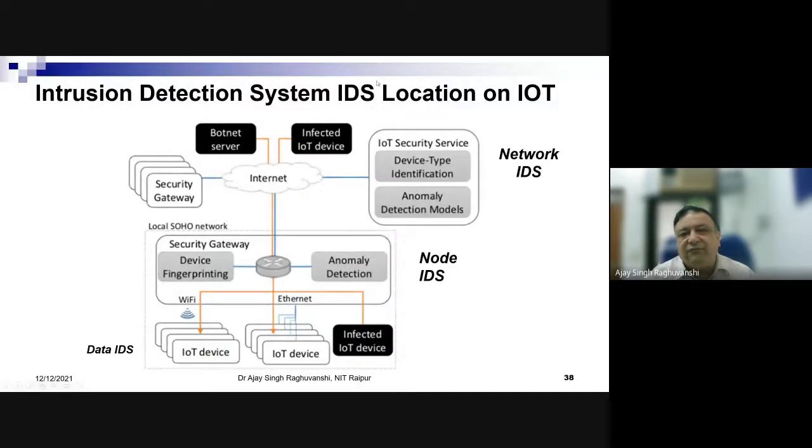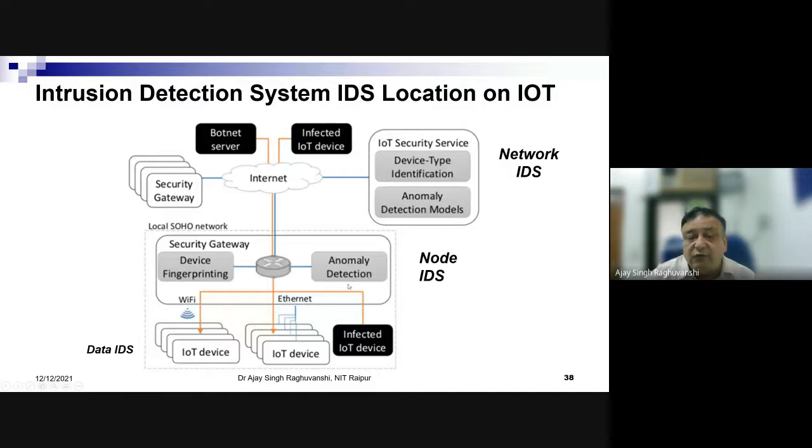Now the intrusion detection system, that is IDS, and where IDS are located in IoT. We again have three types of IDS: data IDS, node IDS, and network IDS. Depending upon whether we have data intrusion, node intrusion, or network intrusion, we can have IDS at three different places. For the data IDS, there are infected IoT devices, and we can find out the infected IoT devices by using the data intrusion detection system.